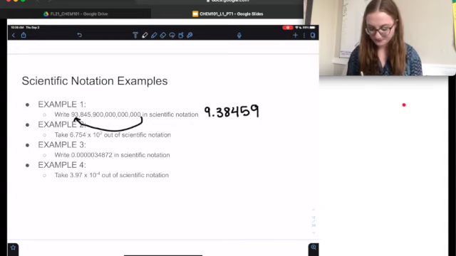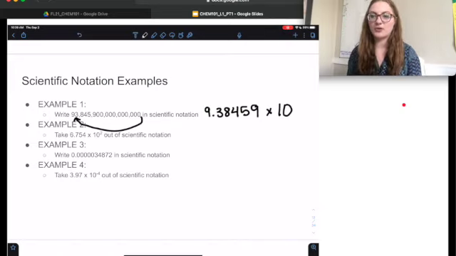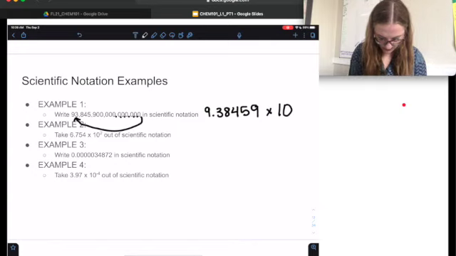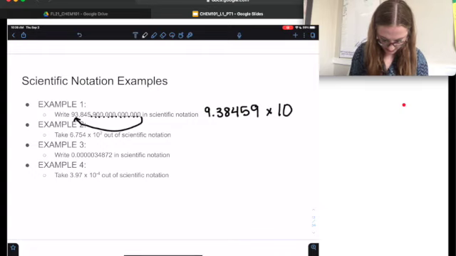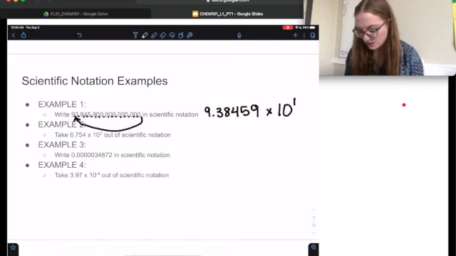So let's count, because remember, I need to write down times 10 to a number, so let's figure out what that number is. It's how many spaces we moved the decimal point. So this would be 1, 2, 3 spaces, 4, 5, 6 spaces, 7, 8, 9, 10, 11, 12 spaces, 13, 14, 15, 16. So I moved it 16 spaces, so that means my number is 16.